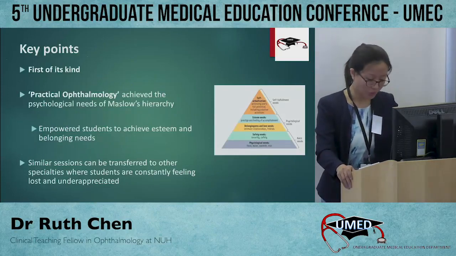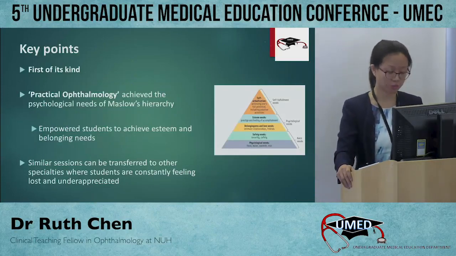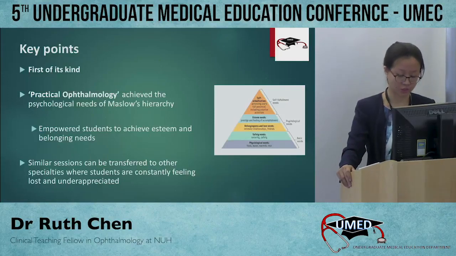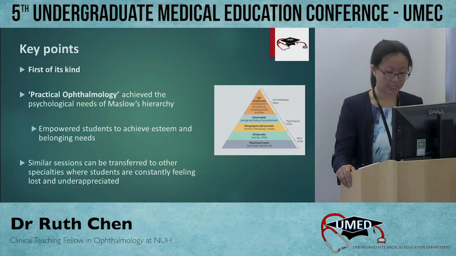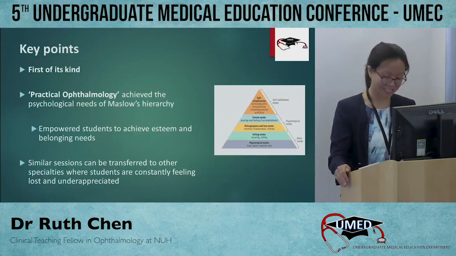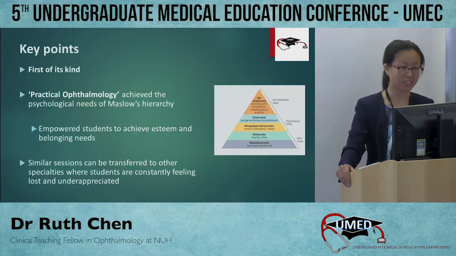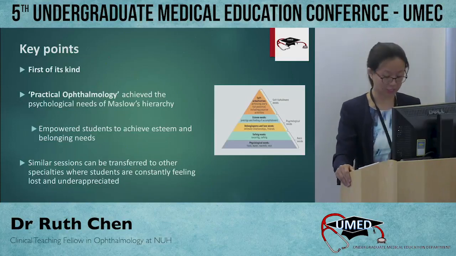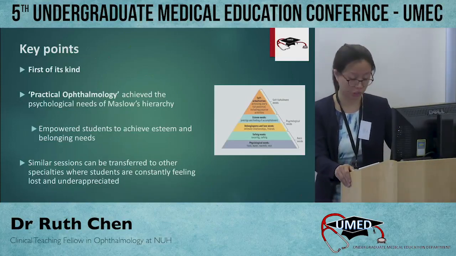So to summarize with some key points, this practical ophthalmology session motivated students to achieve the psychological levels of Maslow's hierarchy. It is the first of its kind that a validated study has been done to assess the effectiveness of Maslow's in a niche specialty like ophthalmology.